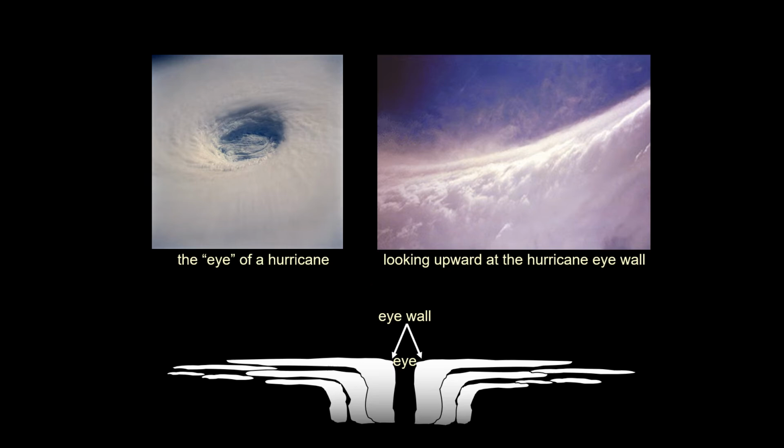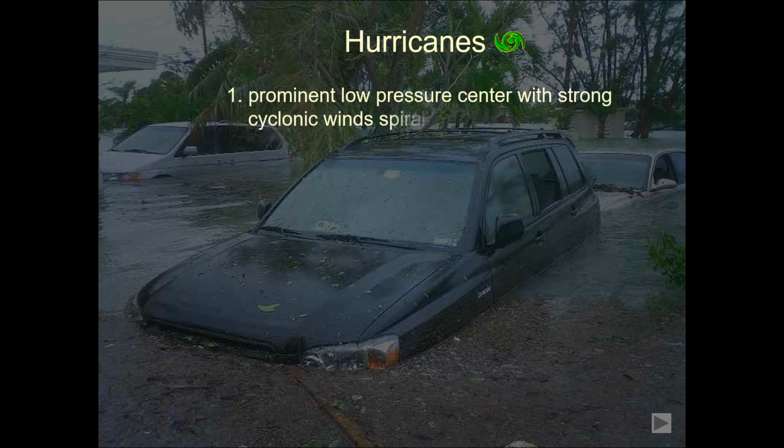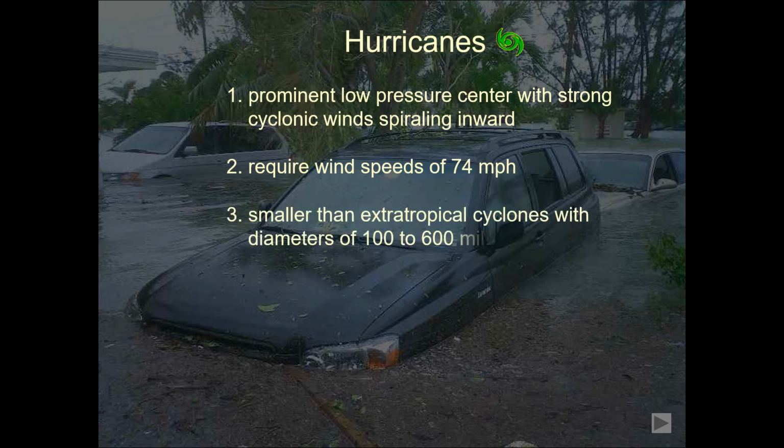And let's see the hurricane situation. A prominent low pressure center with a strong cyclonic wind in a spiral, that's the hurricane. To make a hurricane you require a wind speed of 74 miles per hour, so category 1 if you would like to consider that.